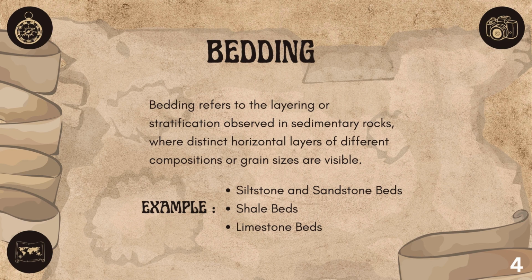Next is paleocurrent indicators. Bedding can serve as a record of ancient currents. Cross bedding within beds may indicate the direction of water or wind flow during the deposition.